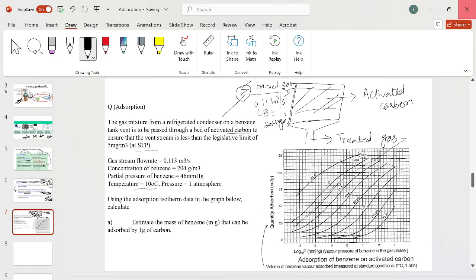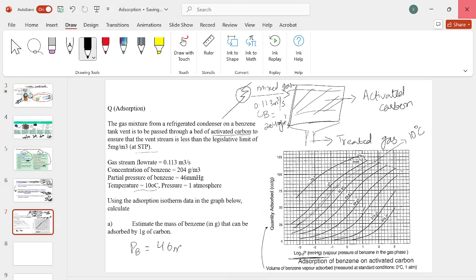See, I have plotted a line for 10 degrees. Suppose we want to know what amount is adsorbed at the partial pressure of 46 milligram per gram. So we'll convert that partial pressure that is given here to what we have in the graph so that we will get the same value.